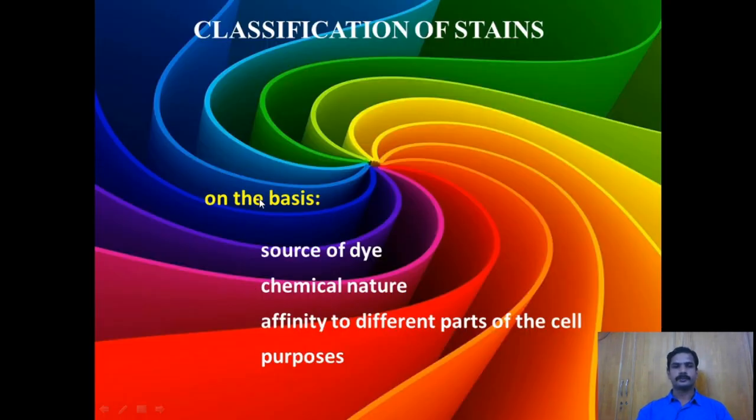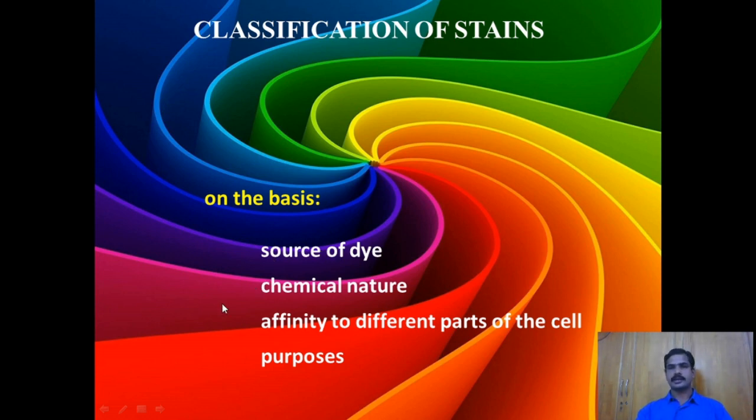Then coming to the classification of stains. The stains are classified in different ways based on different factors. The dyes are classified mainly into four methods. The first classification is based on the source of dye, the origin of the dye, from which material it originated, whether it is natural or synthetic.